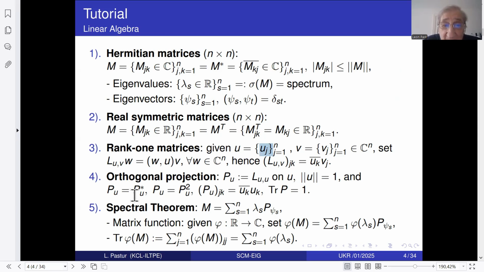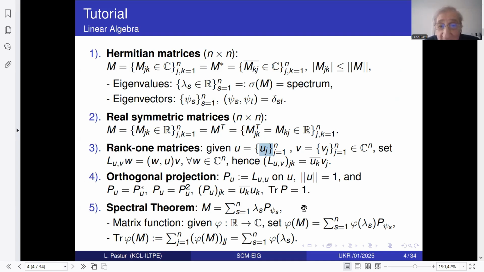Its square is itself, and the entries, in full correspondence with this formula, are just products of the components of the vector on which the projection is made. And of course, the trace is 1, which is a consequence of the projection being a rank 1 operator.